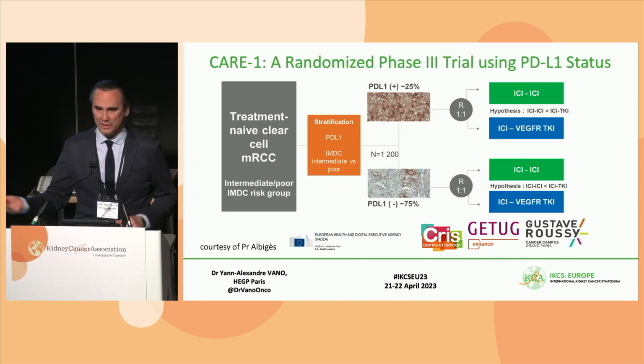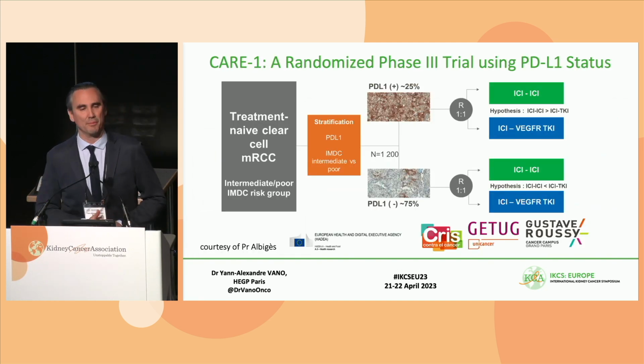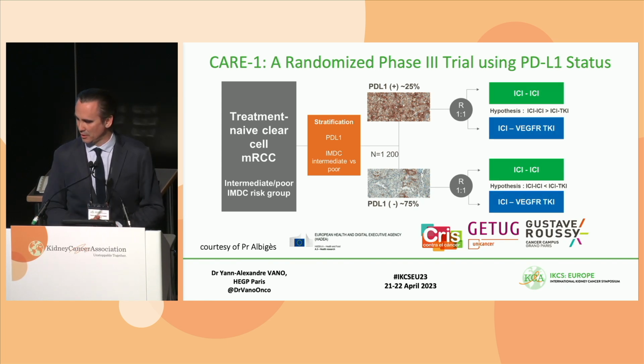And we saw a very pragmatic and important trial launched by Laurence Albiges. It will be recruiting soon. It's the CARE1 trial, a randomized phase 3 trial based on PDL1. So I mentioned that PDL1 is probably a very useful target, and the trial will compare double IO and IO-TKI according to the PDL1 status.